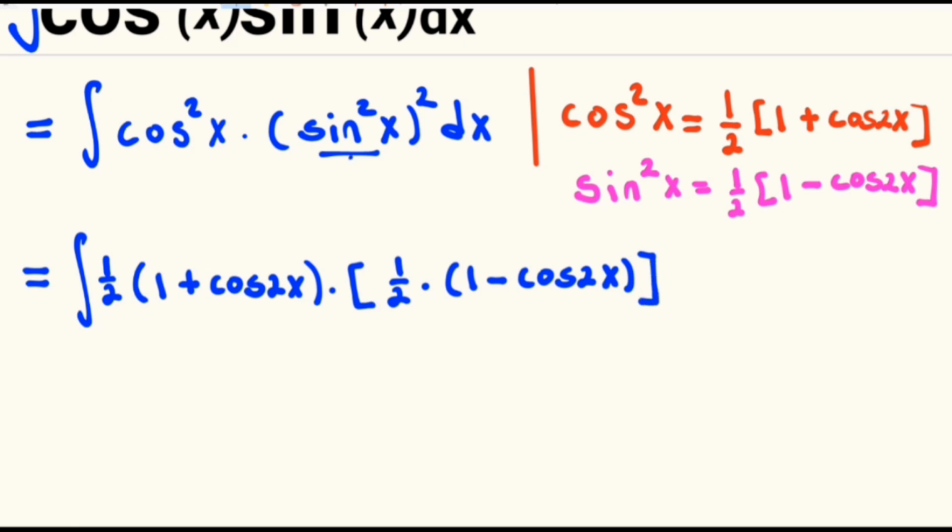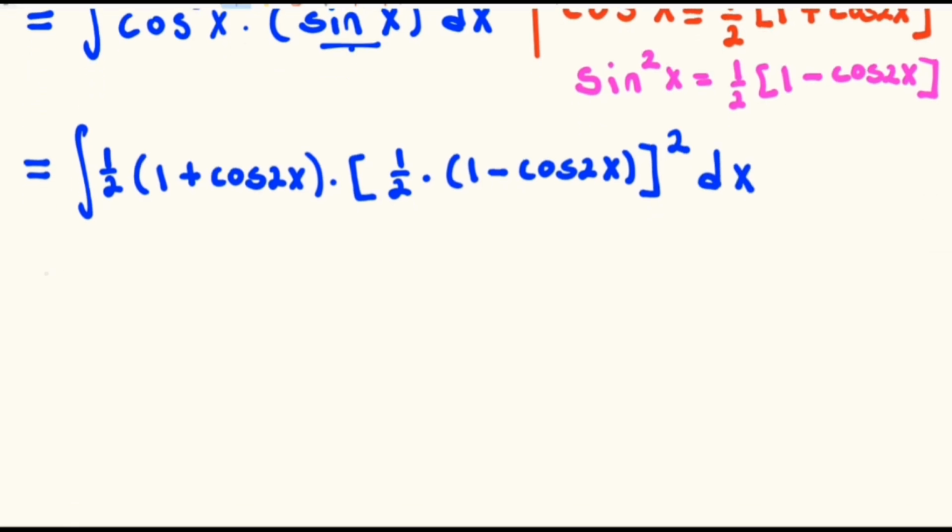Since the sine squared x itself is raised to the power 2, so even this will be raised to the power 2 dx, and this will be equals to the integral of 1 over 2 into 1 plus cos 2x.